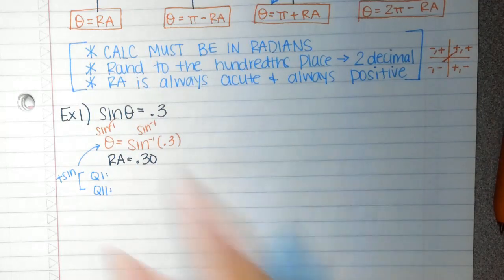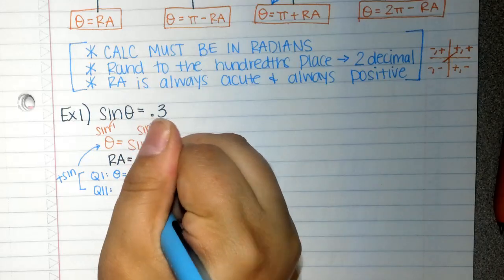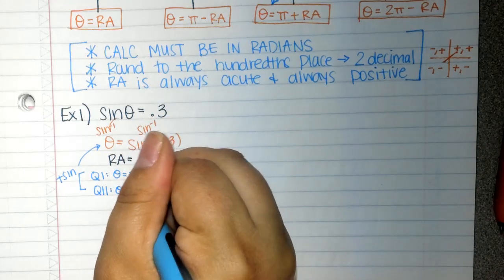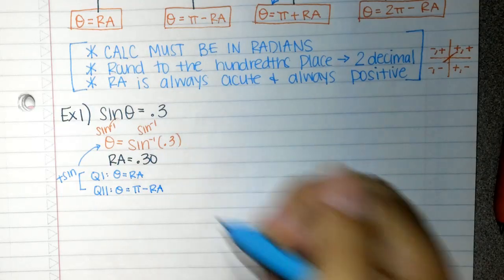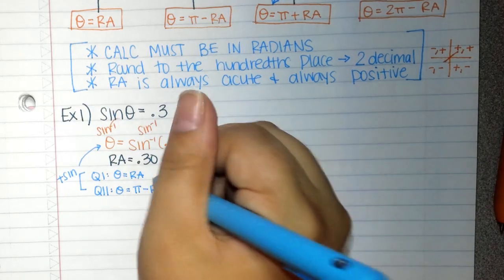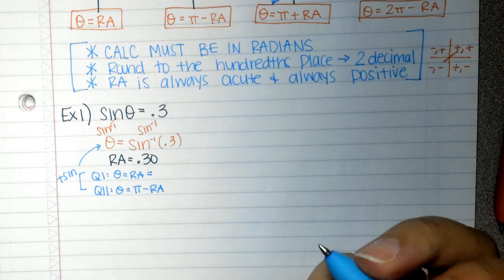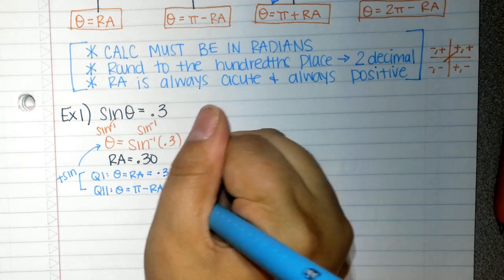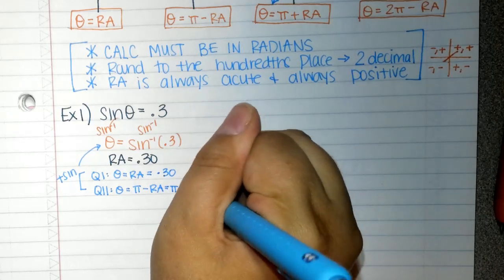Well, I'm going to write the formulas from above. For quadrant 1, theta equals RA. For quadrant 2, theta is pi minus RA. What's my RA? 0.3. And pi minus 0.30, thank you.